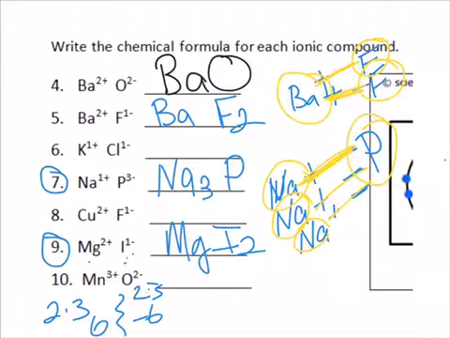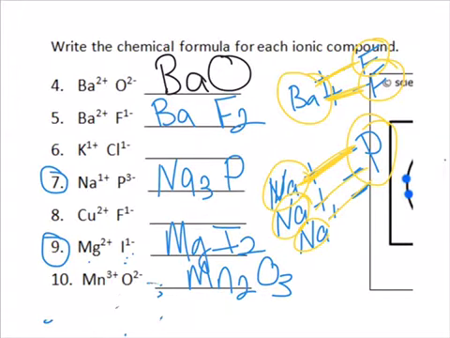So we're going to need 2 of our positive 3s and 3 negative 2s. Some people like to do that, just thinking about the math that way. Other people like to draw a little picture and see those charges cancel.